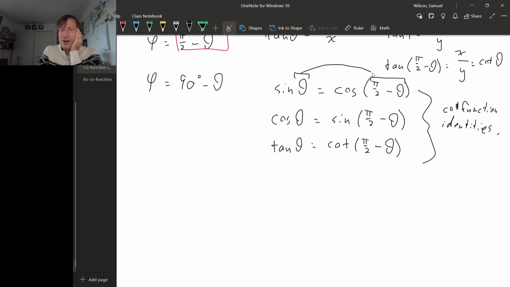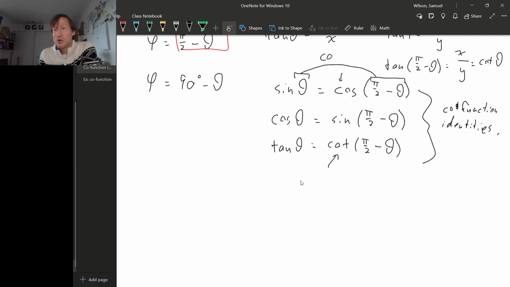So these two angles are complementary angles, and complementary starts with co, and so that's why cosine is the sine of the complementary angle. Sine is also the cofunction for cosine, and here we see that cotangent is the tangent of the complementary angle. So all of the cos in our trig functions are really just sort of a notice or a signpost that it's the original function but applied to a complementary angle.